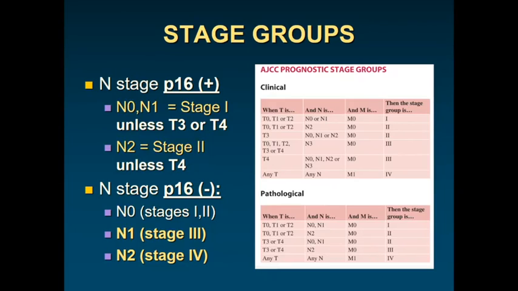And I'll show you the comparison of those staging groups later. Here you can appreciate the P16 negative. N0 comprises the stages 1 and 2, but N1 would have been stage 3 disease and N2 is stage 4, and that's still how it is for P16 negative. So you can appreciate the big impact that the N stage has with respect to P16.